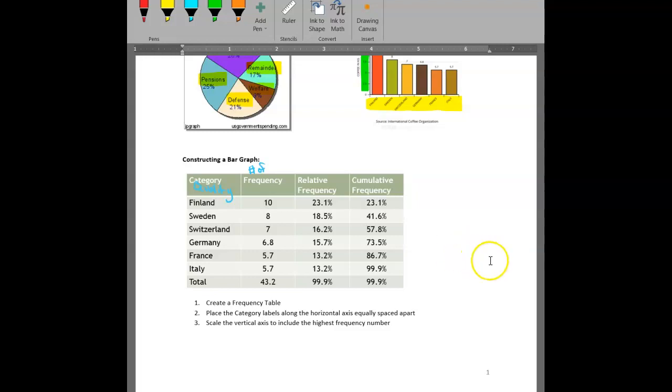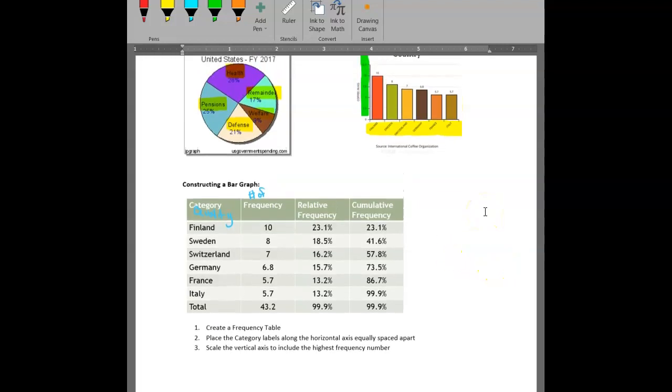So if I look at my bar graph, I'm actually kind of reverse engineering this because I was given the bar graph, so now I'm creating this frequency table. Normally we do it the other way. So you can see the little numbers at the top. Those are our frequency, and then it adds up to 43.2.